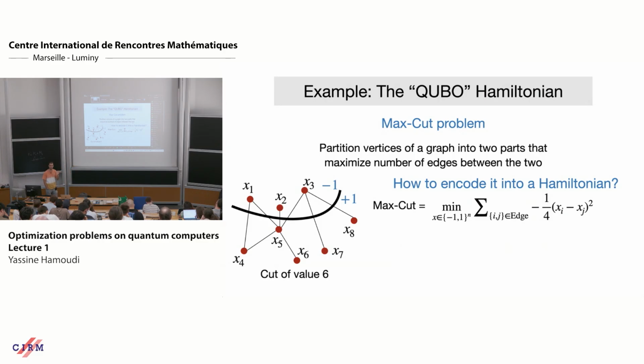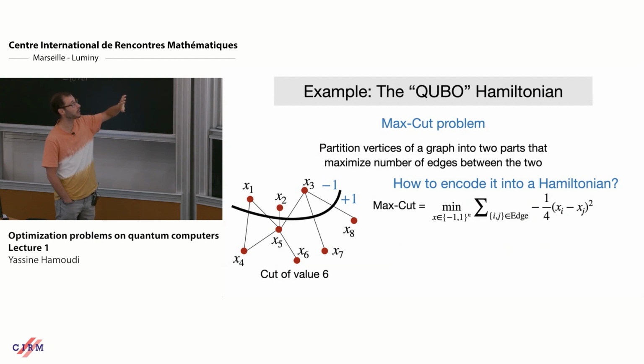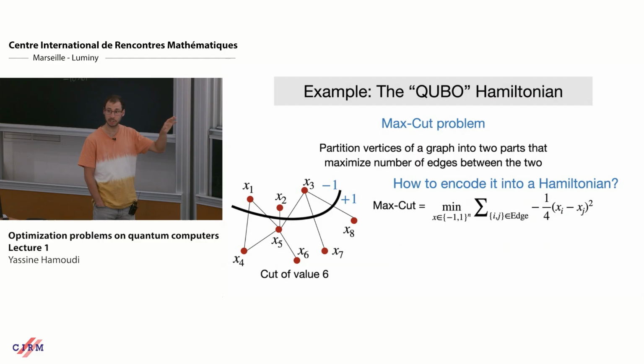Okay, so why does it represent the correct objective function? Well, you can see that if two vertices belong to the same side of the partition, then xi minus xj would be equal to 0. And if they belong to different sides of the partition, then the quantity would be equal to -1.